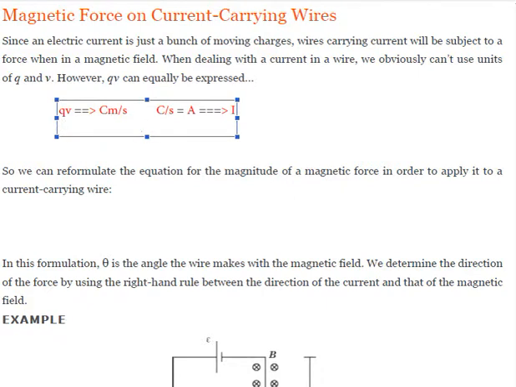And then the meter part here, what could we use meters to talk about when we are talking about wires? Here it's going to depend on how long the wire is, so we will use that for L.